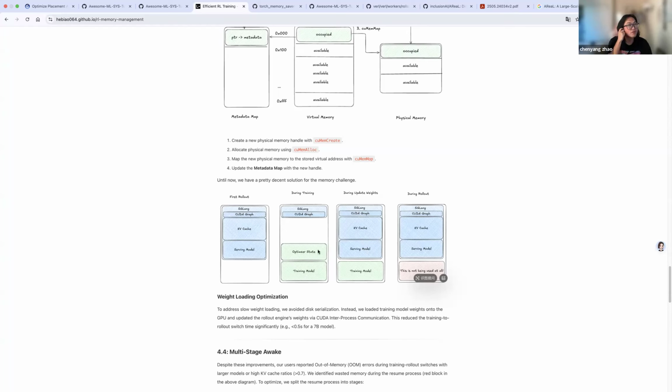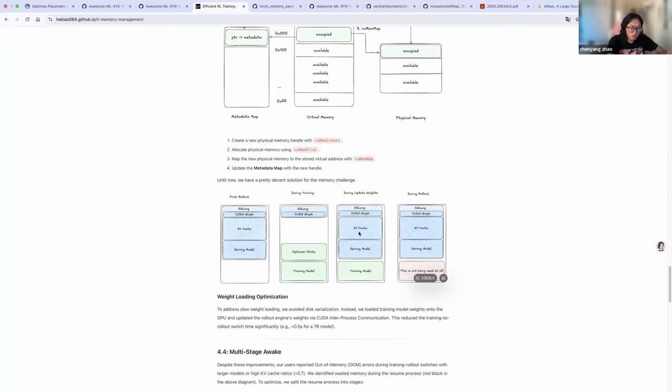And the next time, after the weights are updated, the KV cache will be flushed and the serving model's parameters are updated, but the virtual address is consistent. So the CUDA graph still works. And with the CUDA graph, we can make sure that our rollouts in small batch sizes work much faster.